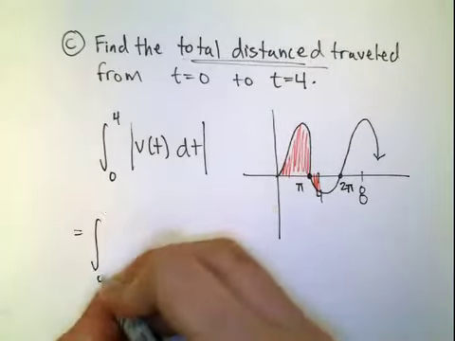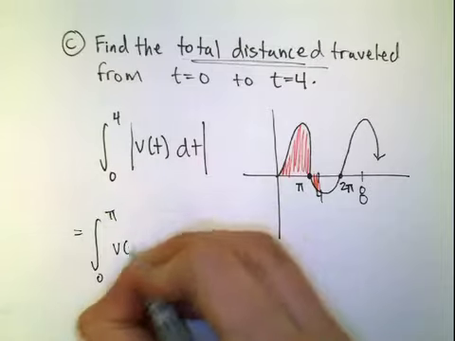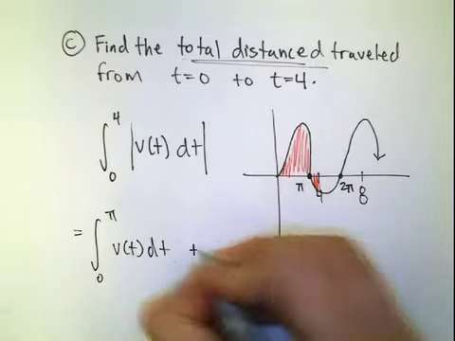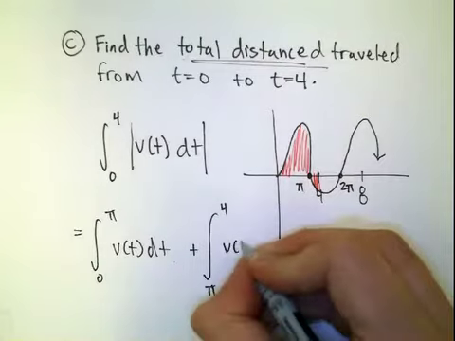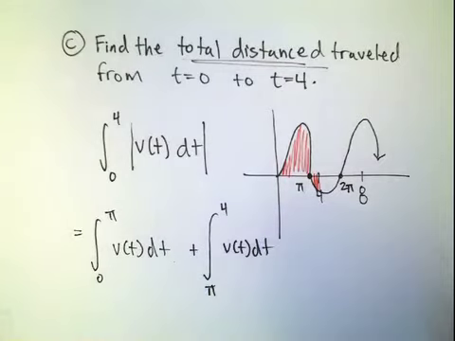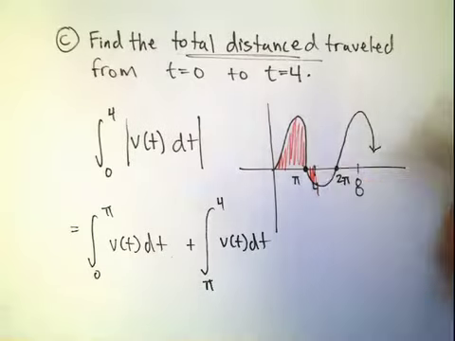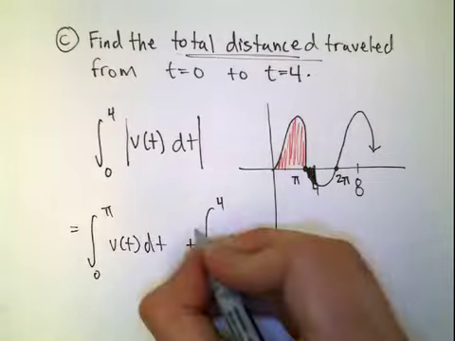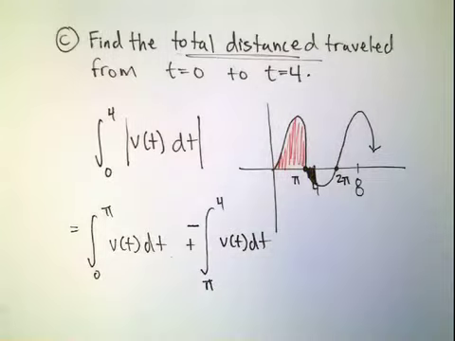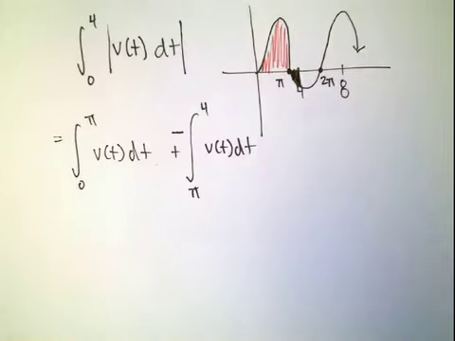So really it's going to be integral 0 to pi of velocity plus integral from pi to 4 of velocity. And because this little bit of area down here, this dark space from pi to 4, is in the negative, I'll put a negative sign in front of this integral.